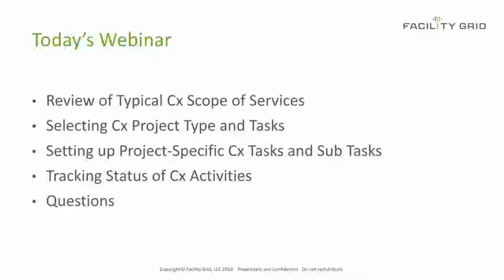We will also go over setting up project-specific commissioning tasks and the associated subtasks. And we'll go over the tracking of the status of commissioning activities. Then we'll switch to the questions and answers session.